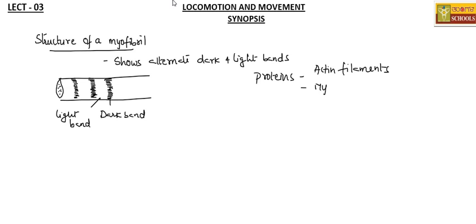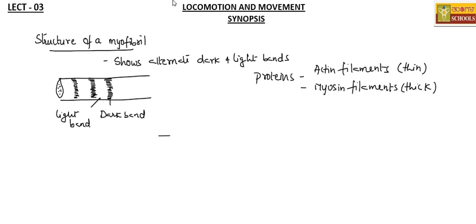These actin filaments are thin, whereas the myosin filaments are thick, so they are called thin and thick filaments. This arrangement of thick and thin filaments will produce dark and light bands.